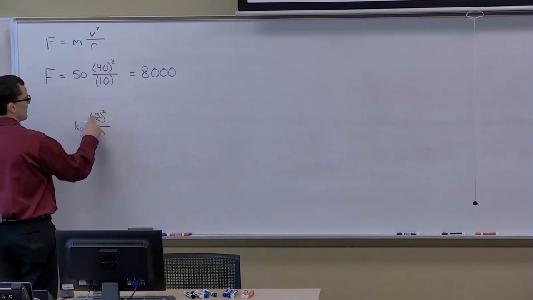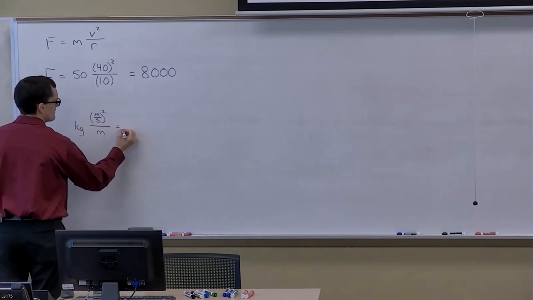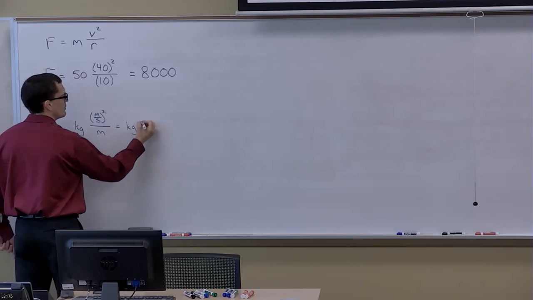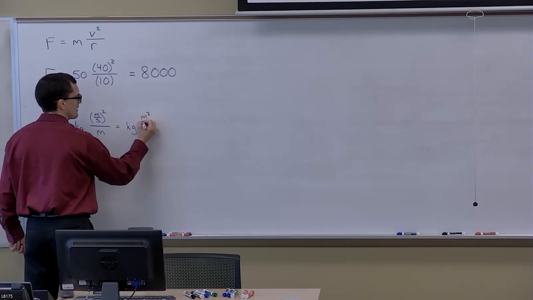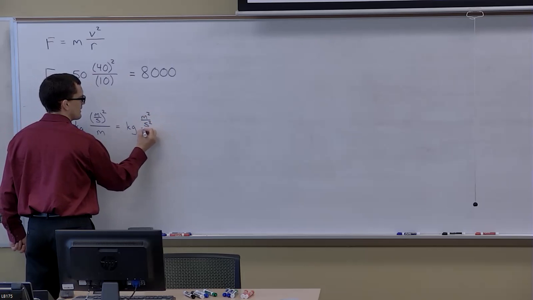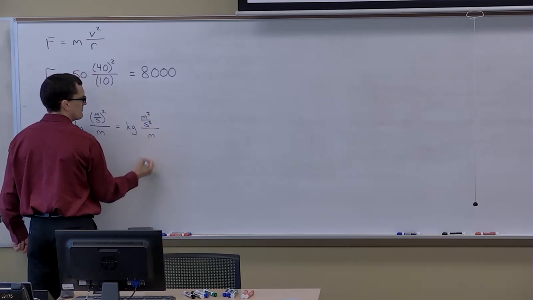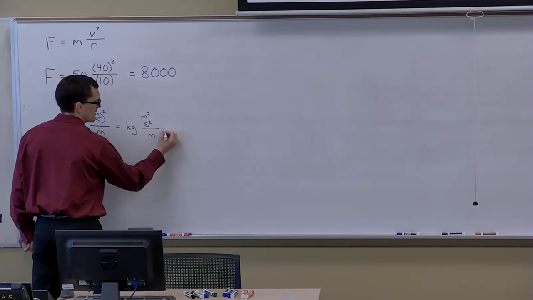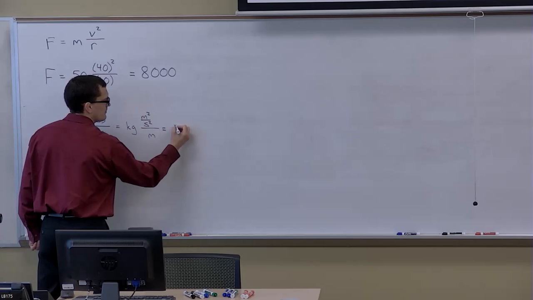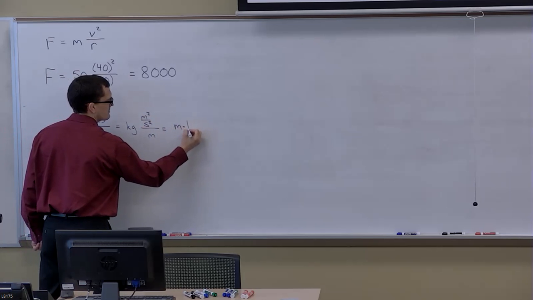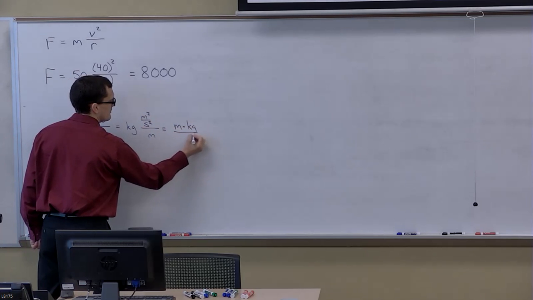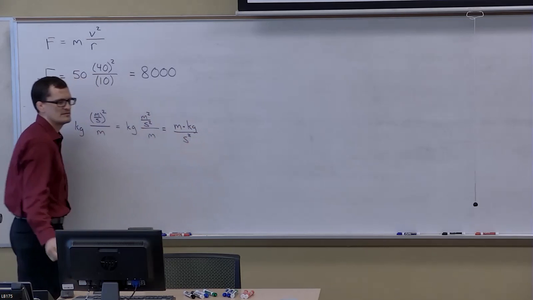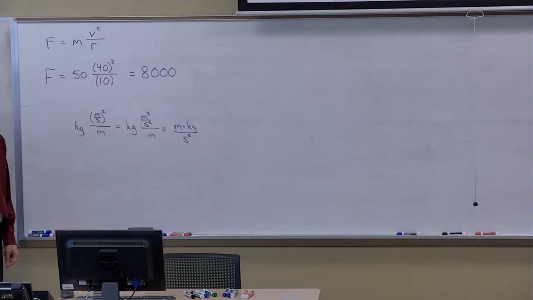So if you square things, you get meters squared over seconds squared divided by meter. One of those meters is going to cancel out with that. So that's meters times kilograms divided by seconds squared.